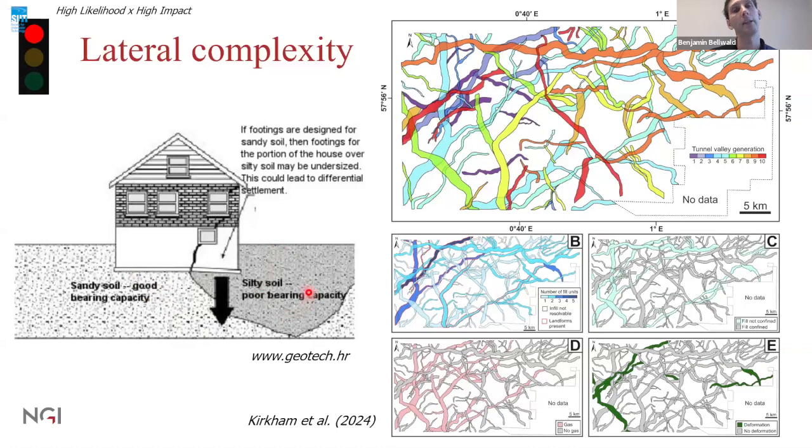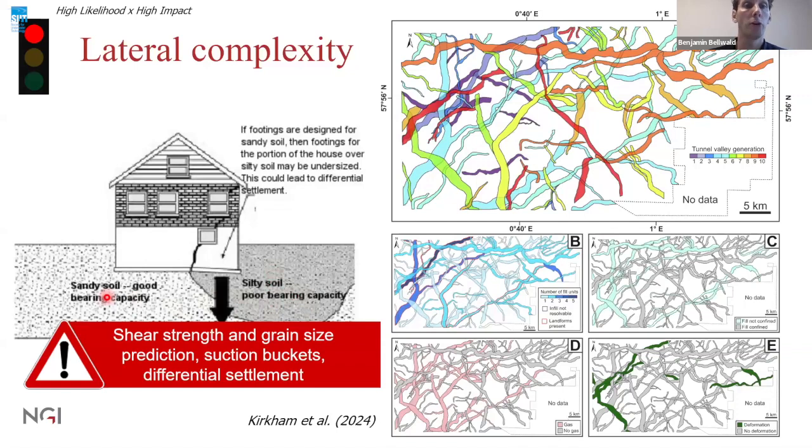Let's say this is an onshore analog, but the soils may settle with a different magnitude in the tunnel valley compared to next to it. So lateral complexity is also a high risk, and you commonly have it. That's also very common to hit.